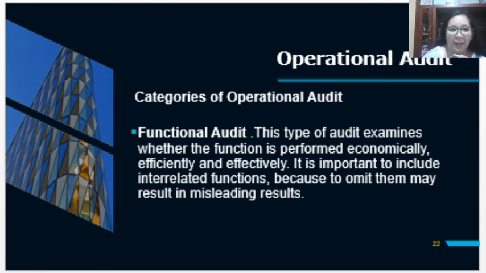And it is important to also include their interrelated functions because to omit them may result in misleading results. Okay, so we all know that although the departments function in their own authority, there are still other interrelated functions that they do. So this should also be included under the functional audit.